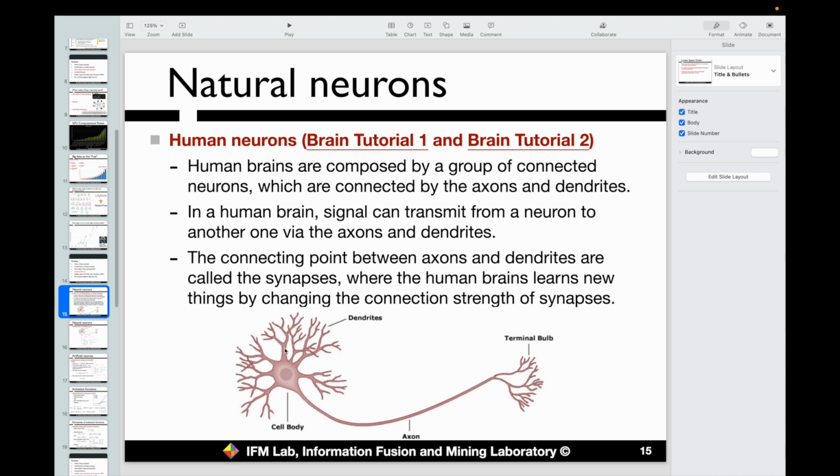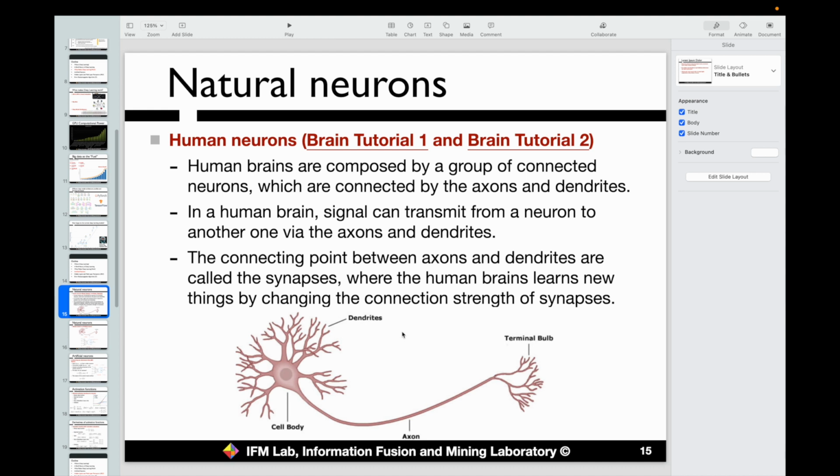The way it sends the signal to the next neuron is via the axon. The axon is more like a transmission cable from the neuron cell body to the terminal bulb. Via this cable, it transmits the signal to the end. At the end of the axon, we also have some branches, which connect to the dendrites of the following neurons.